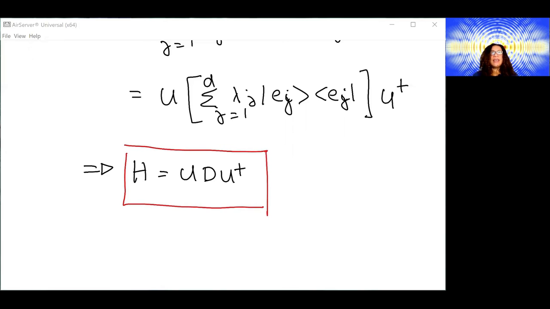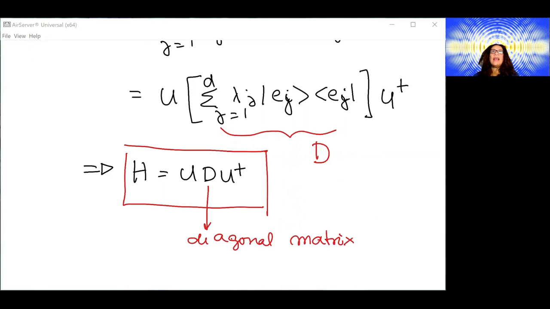If you see, I called this guy here D, and I'm saying that I can use this to diagonalize my Hamiltonian. So in practice, if I assume D is a diagonal matrix, that's what I can do to go from one basis set to the other.